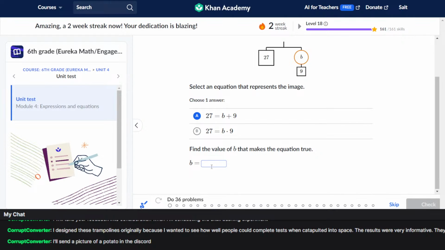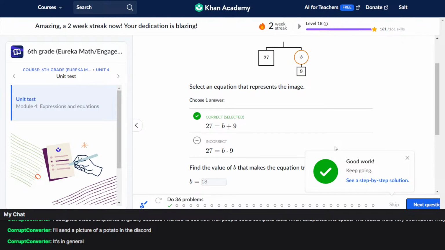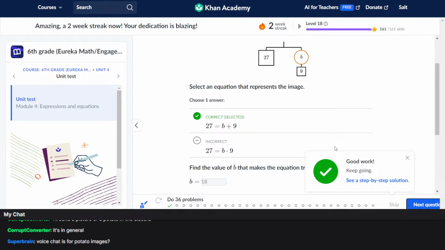Corrupt Converter says I'll send a picture of a potato in the Discord. Let's see. Dude, if you do, send it in the voice chat channel. Like, that's what that's for. I forgot to say that. Did I ever change the name? I need to change the name. I think I did. Did I? Corrupt Converter says the text chat for VC is general. But don't use general. Text chat for VC.